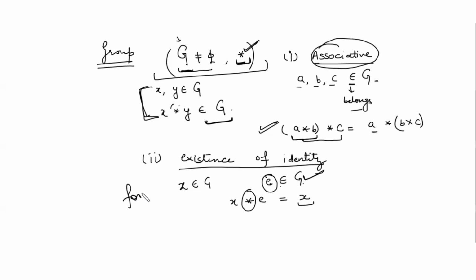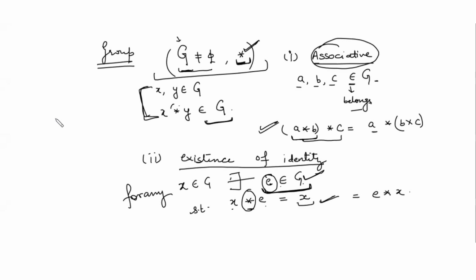So for any X belonging to G, if there exists E in G, and this E should be the unique one with respect to the binary operation star, such that X star E is X or E star X, one and the same thing, meaning the commutative property holds with respect to the identity and the operation star. If this thing holds, you will say identity exists in G with respect to the operation star.